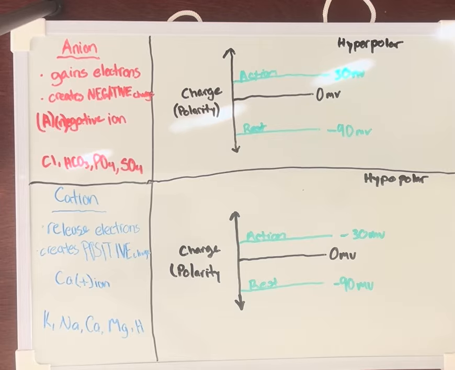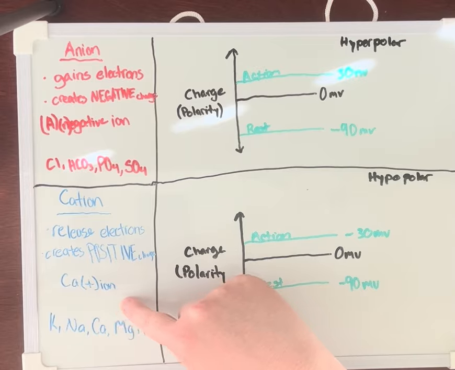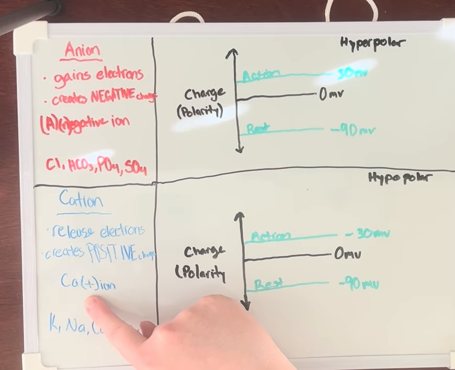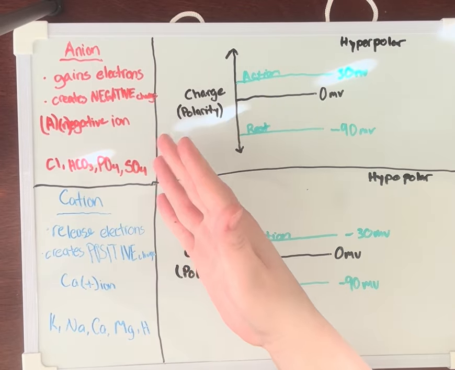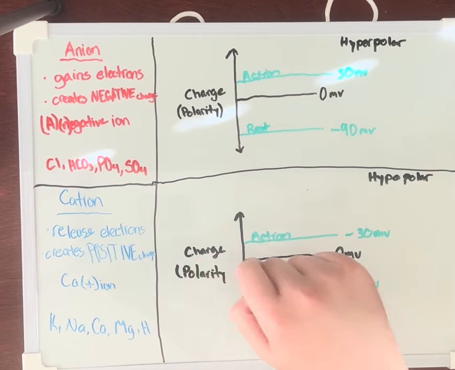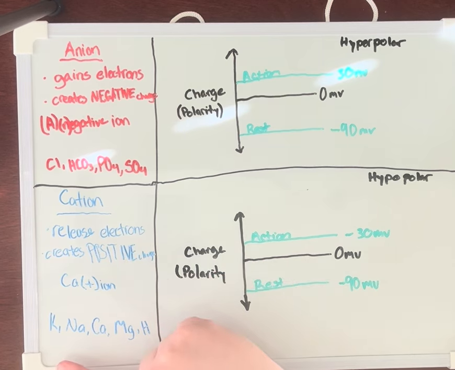Anyway, it's negative. The way I remember this, when you spell out cation, the T becomes a plus for positive. So it helps you remember a negative ion and positive. And that's going to be our main electrolytes, which is your potassium, sodium, calcium, magnesium, and hydrogen.